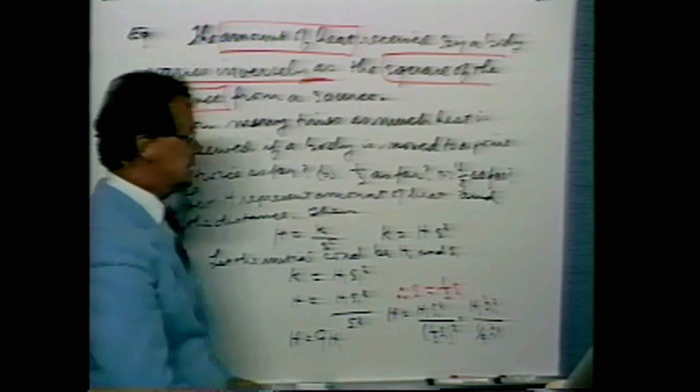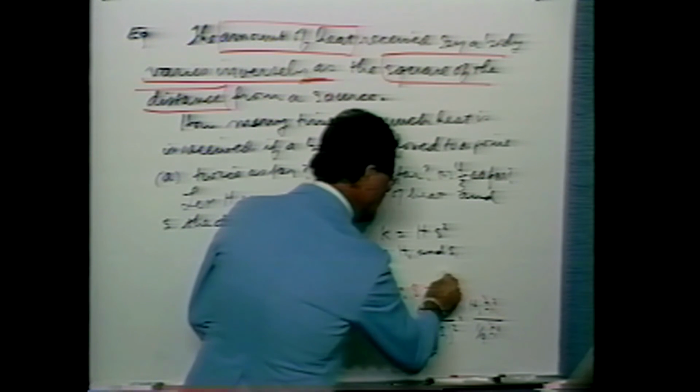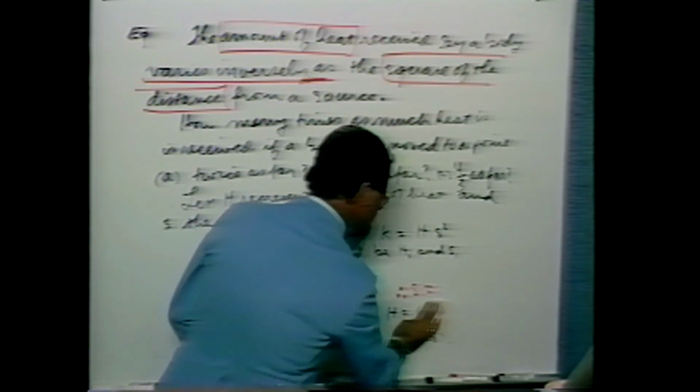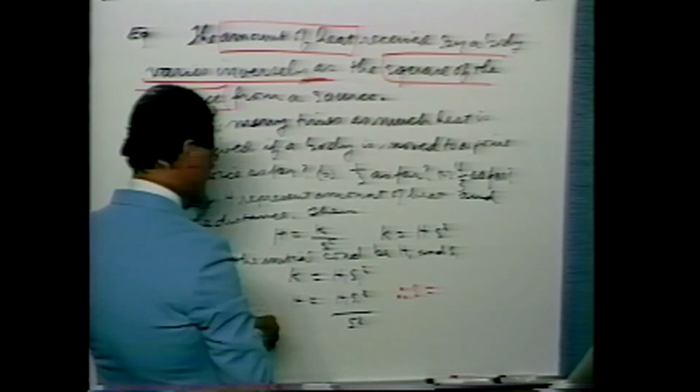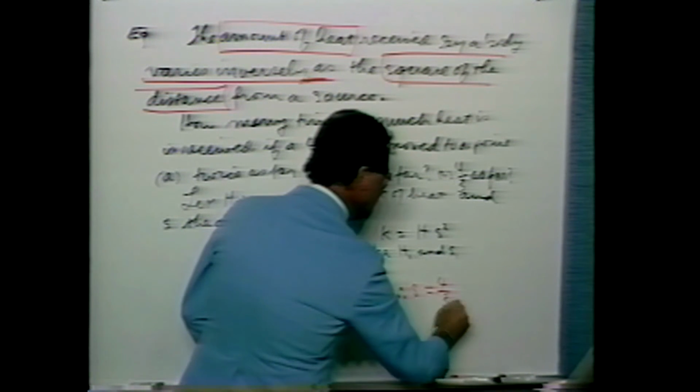And now for part C, 4/3 as far, we simply have to change this part and begin again. 4/3 as far will be 4/3 of S1.